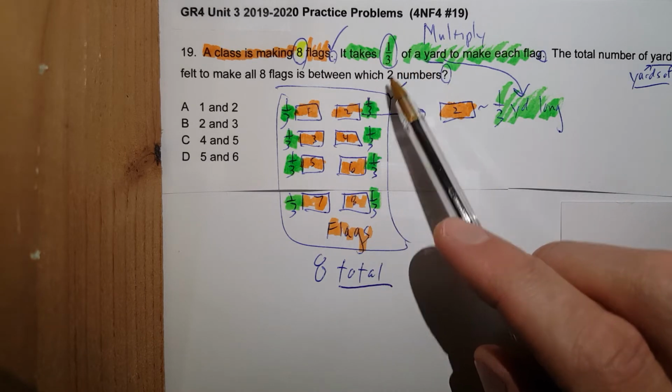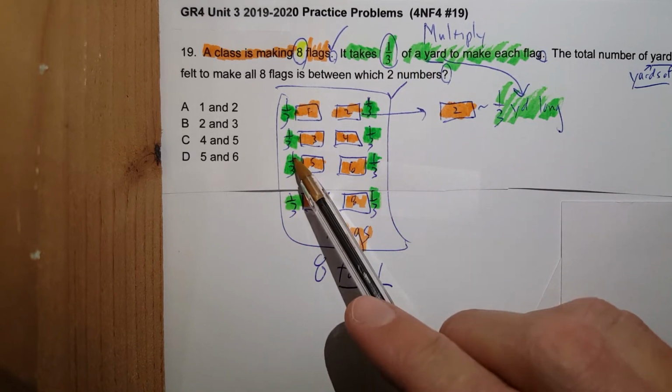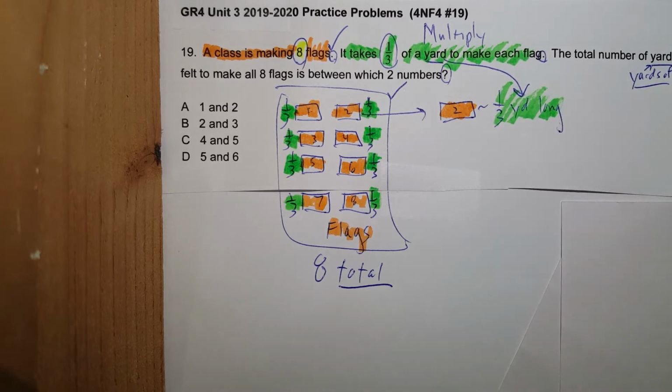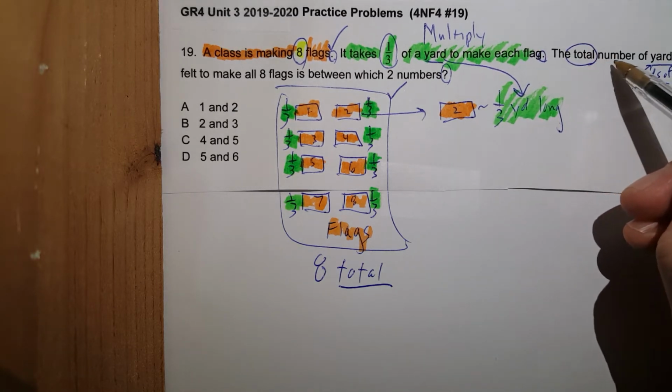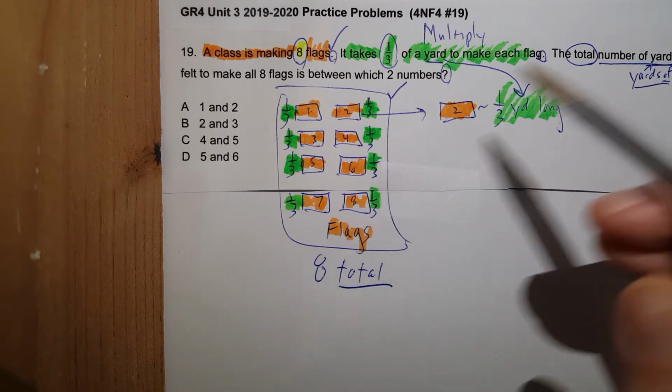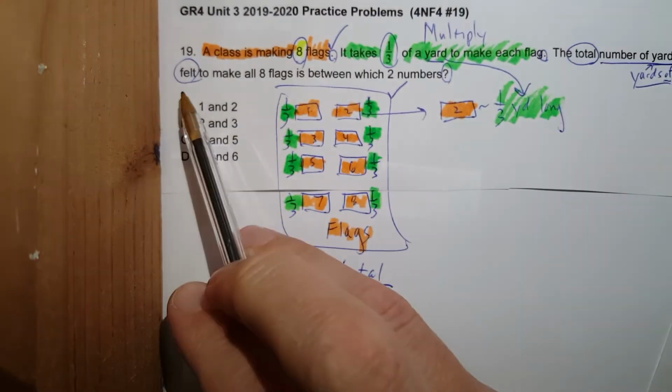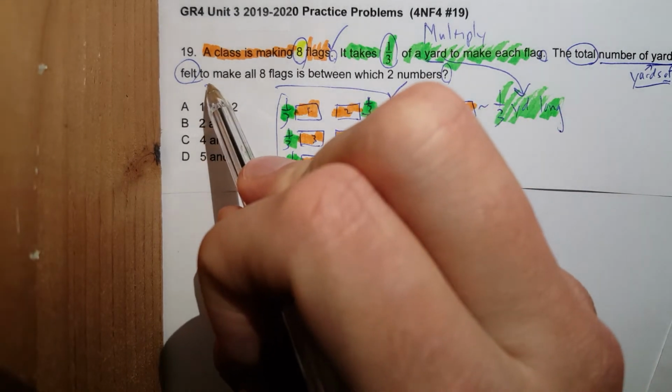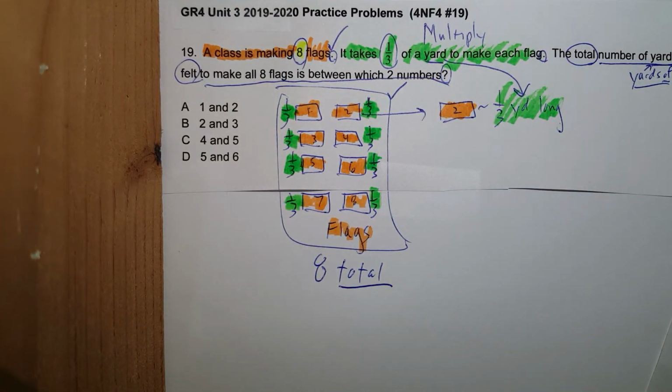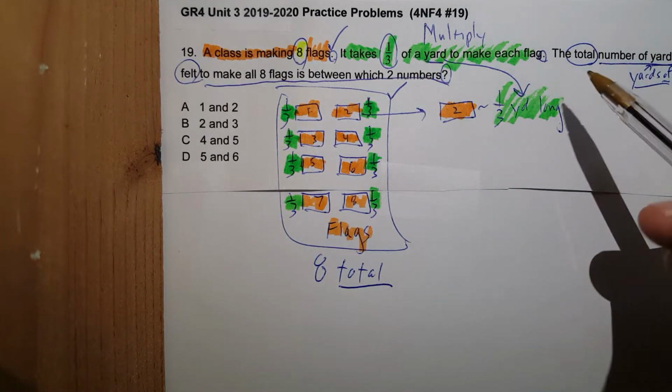Step 2, each flag is 1/3 in length, 1/3 yards. Finally, the question. The total number of yards of felt. Felt is just a type of material to make all 8 flags is between which two numbers? Let's say that again.